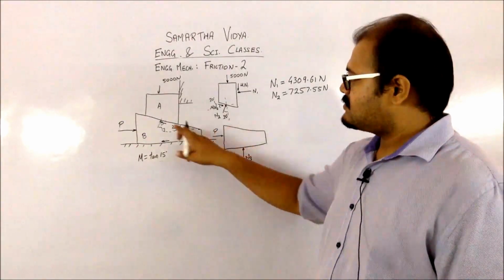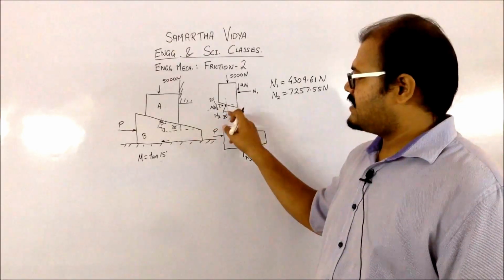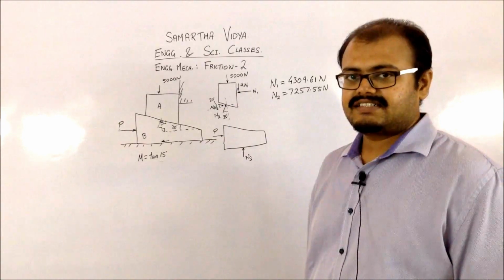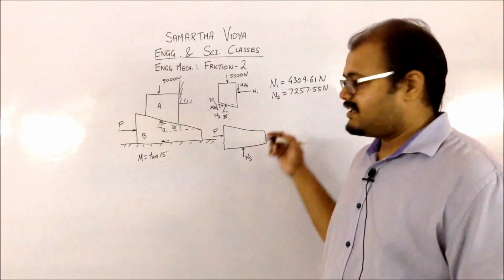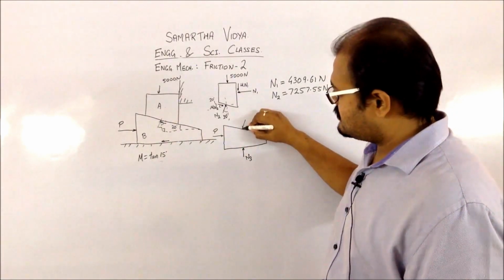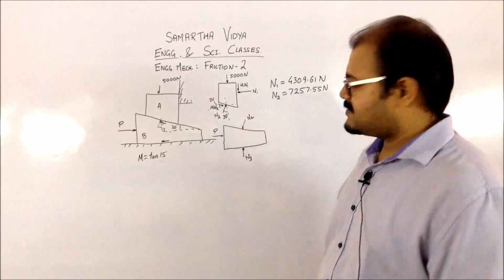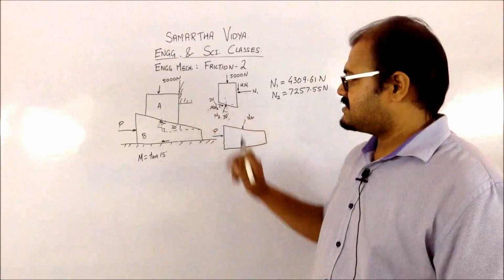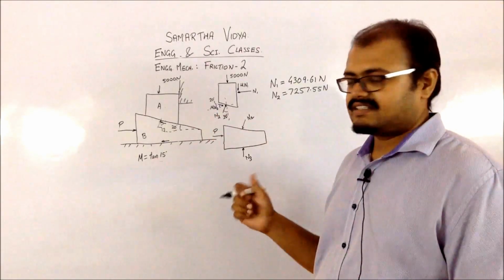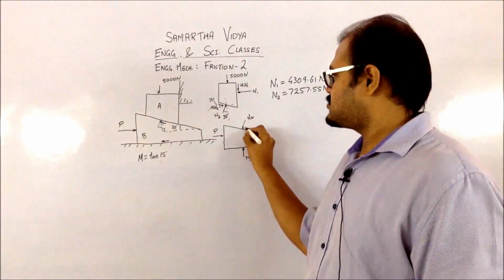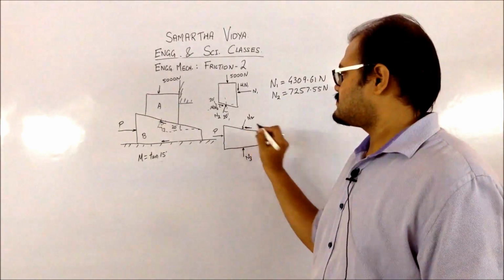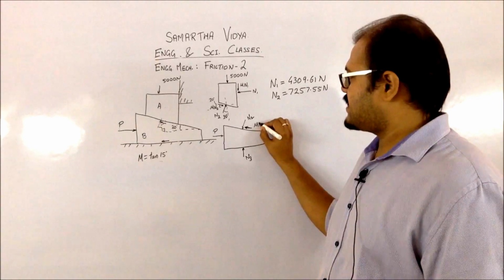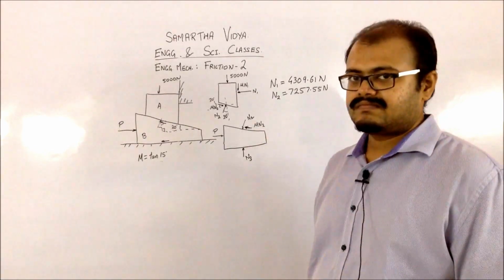And now since we had represented on A the normal reaction from B to A in this direction, that is upward direction, we have to represent equal and opposite the same N2, which is going in the downward direction. Then we had represented this frictional force which is going slanting downwards, so we have to show it slanting upwards, which is going to be of the same magnitude, that is mu N2.